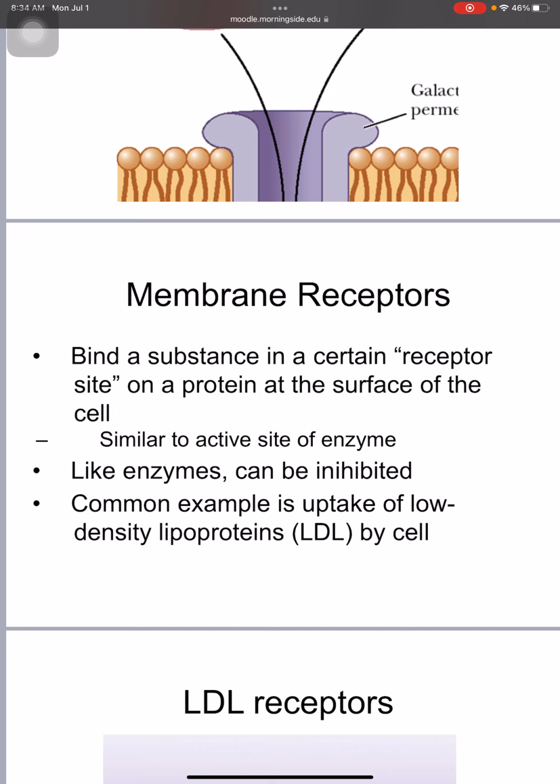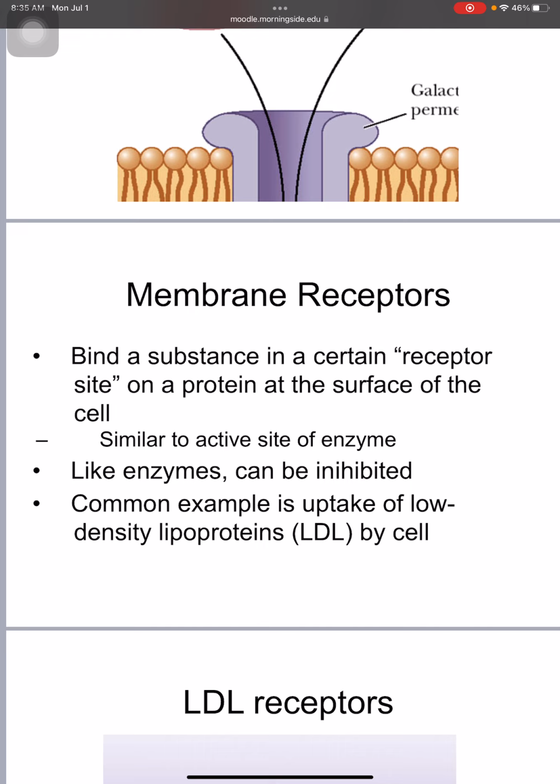Just like enzymes, these can be inhibited by various things. This can be with other binding sites that actually bind inhibitors. This can be with analogs that act as competitive inhibitors, and it also can be related to concentrations in a feedback mechanism loop, like we saw with ATCase in a previous chapter.